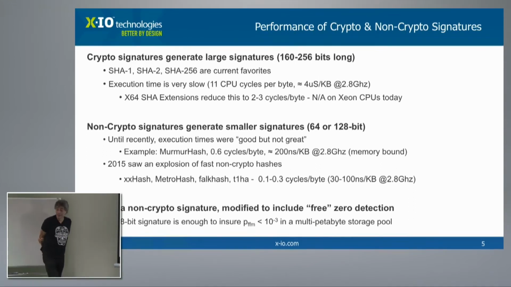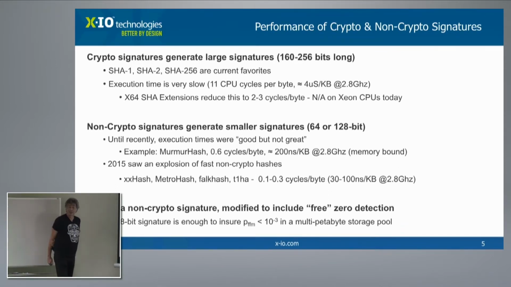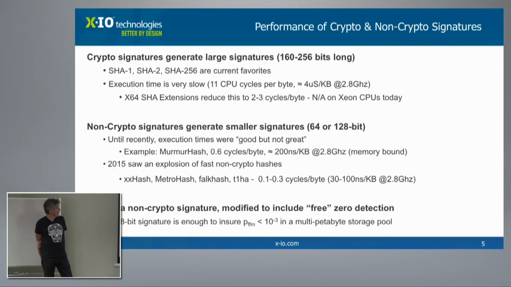Thank you, Google. The best of the standard open source ones is something called Metro Hash. It's real fast. It is not CPU bound. It is memory bound, and it uses nothing but standard x86 stuff.